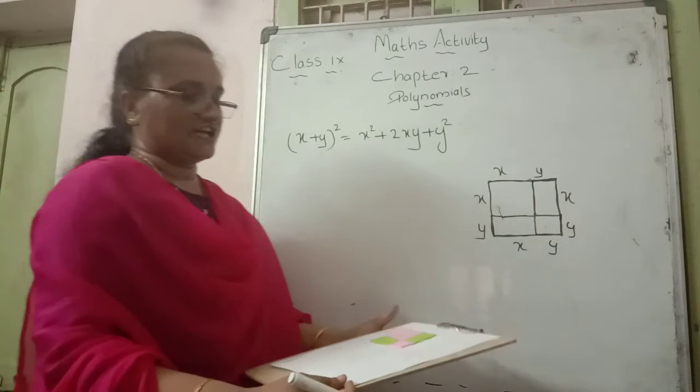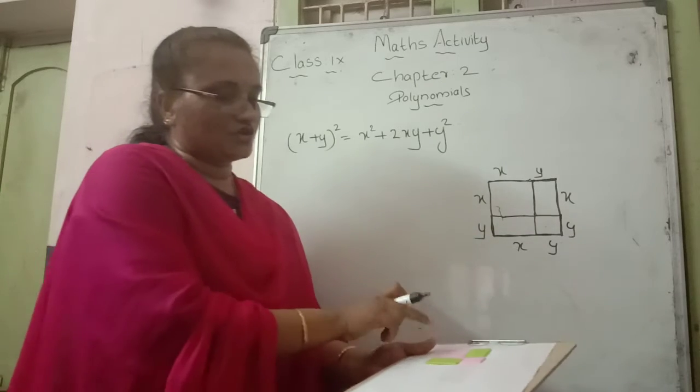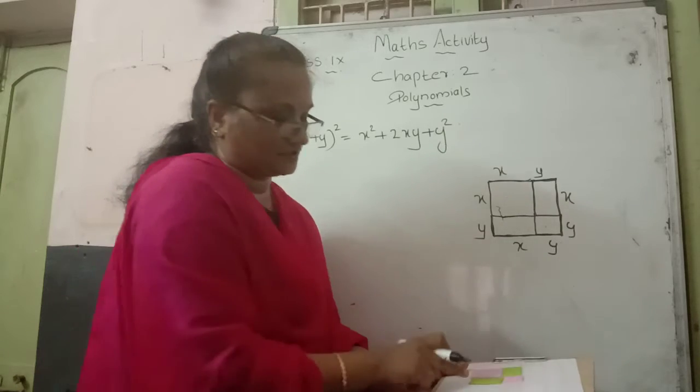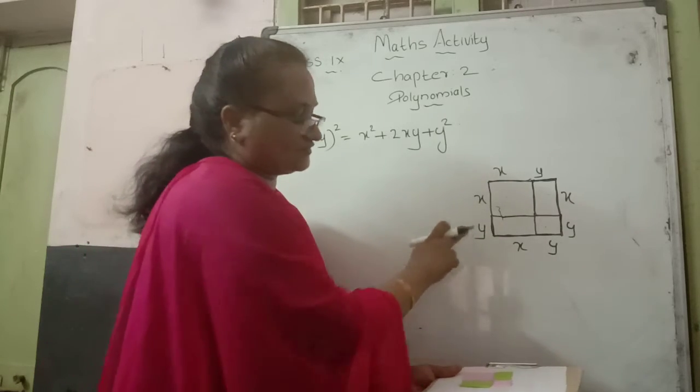In this way these values are obtained. So the big square side is x, and the length part is x and the breadth part is y.